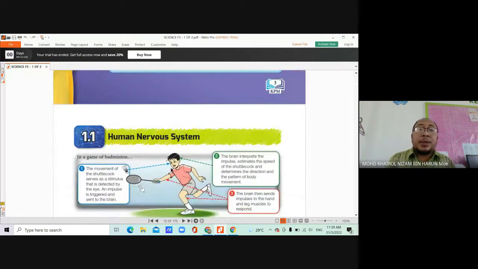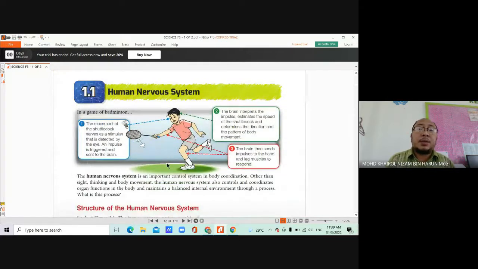So in the human nervous system, the most important thing is that this system in our body, and also in all organisms, they have their own nervous system. So this nervous system is very important because, I want you to remember this one, it controls and coordinates the body.